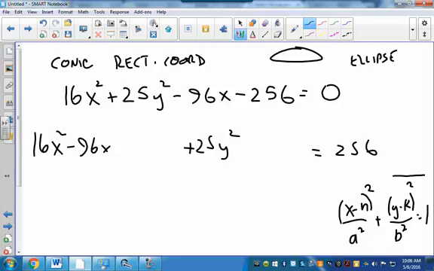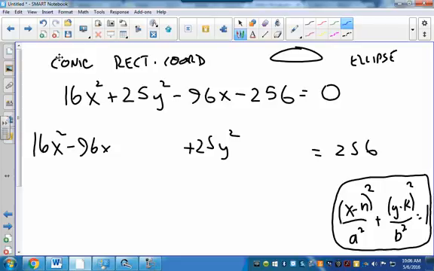This is your graphing form or your standard form for your ellipse. Your task is to get it in that form. Find the center, length of the major axis, length of the minor axis, the focal distance, the two foci, the vertices, all that stuff. Okay?